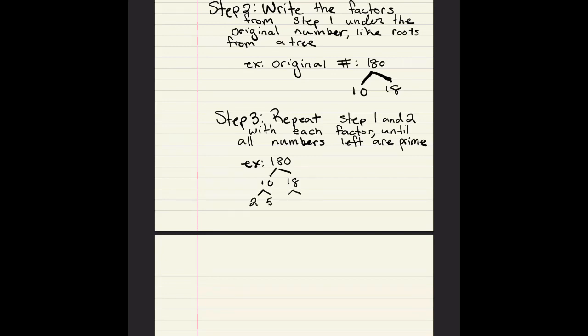I know that 2 and 5 can go into 10, and into 18, I know I could have 3 and 6. Now I can't move on from 2. 2 is a prime number, so I'm done. 5 is a prime number, I'm done. 3 is a prime number, I'm done. Can anything else go into 6? Yes, it's an even number, so I know 2 and 3 can go into it. So then 2 and 3, and I'm done.